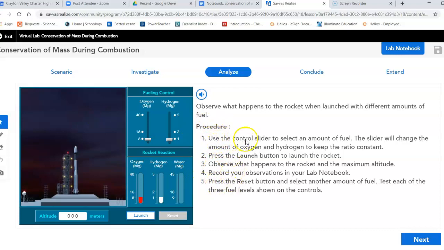Use the control slider to select the amount of fuel. This slider will change the amount of oxygen and hydrogen to keep the ratio. So I'm going to go ahead and change it, and then press launch.